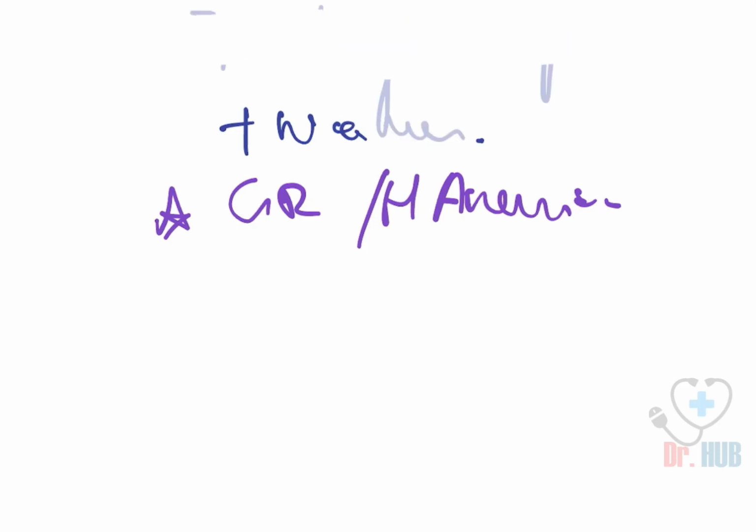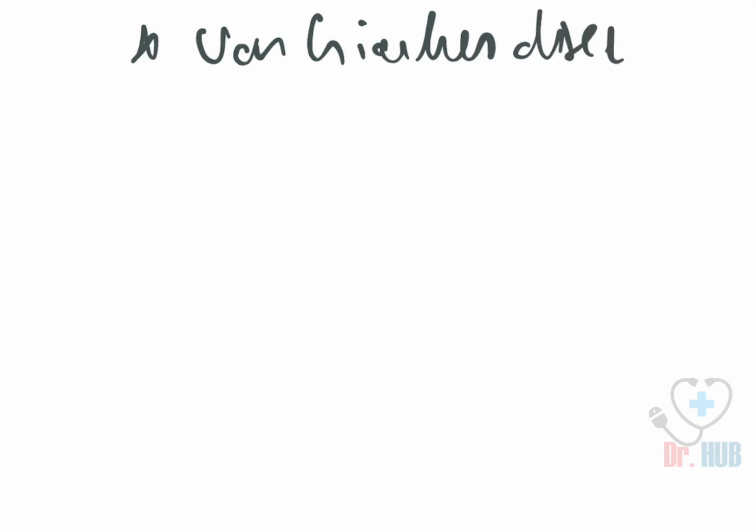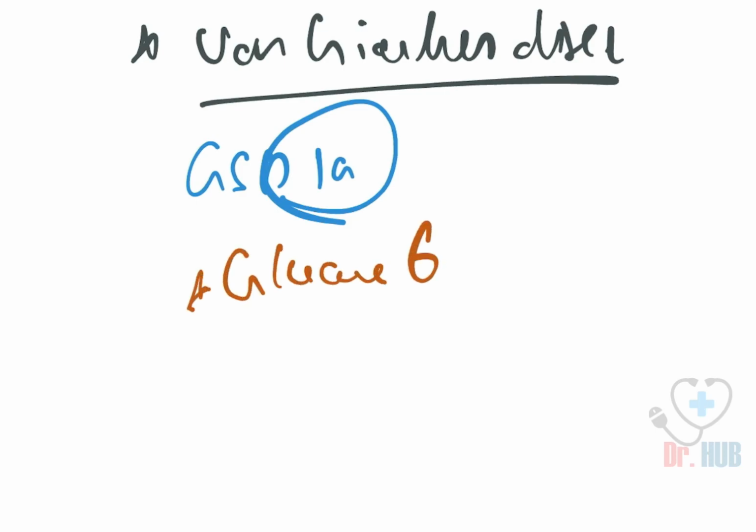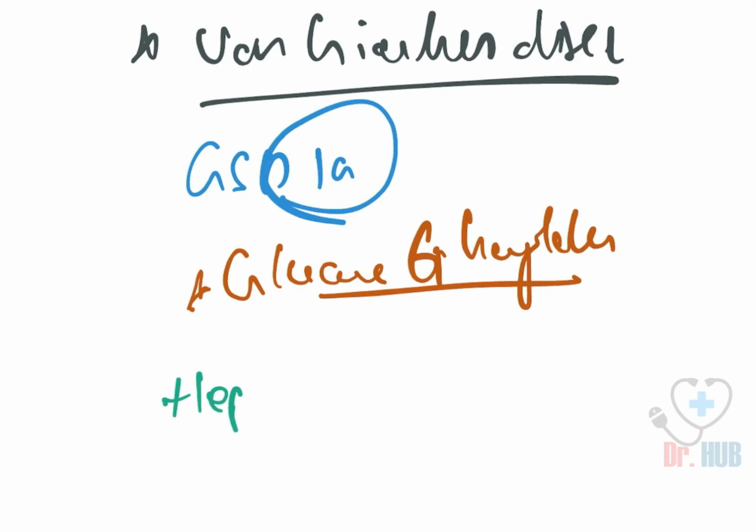So now, answering the questions we had initially asked. What is von Gierke's disease? This was the first question. It is nothing but the GSD type 1A. The enzyme involved here is glucose 6 phosphatase. Now looking at the clinical features, it includes hepatomegaly.